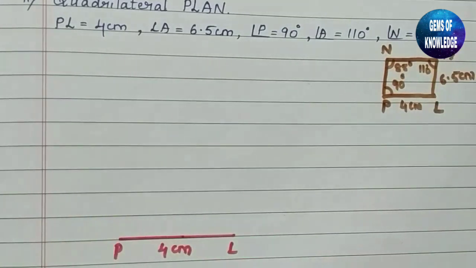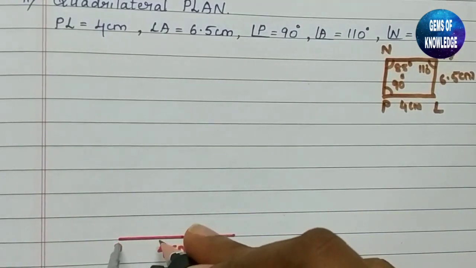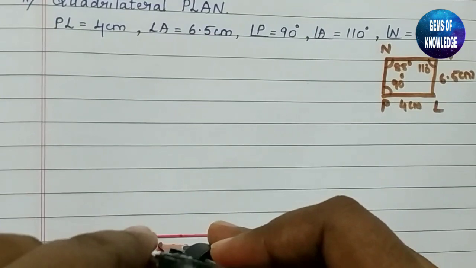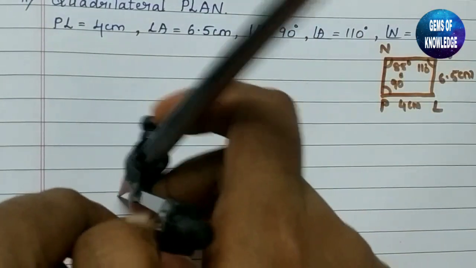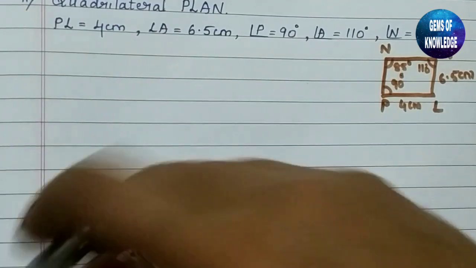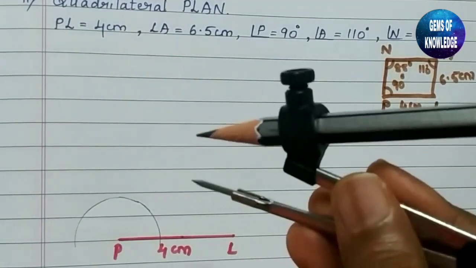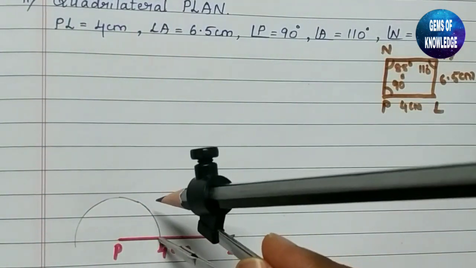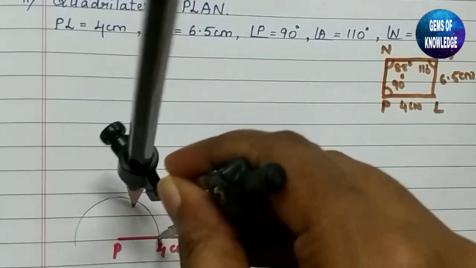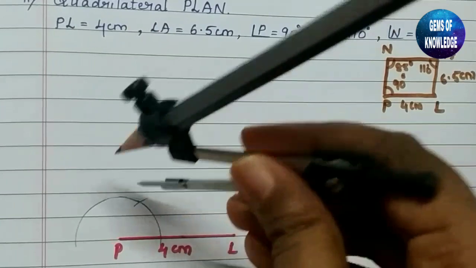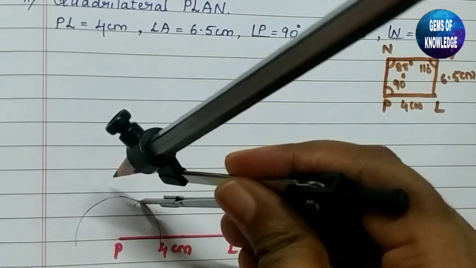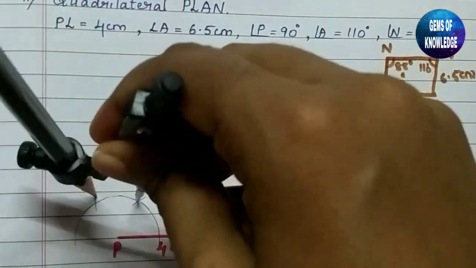With the same steps as we constructed for the first one, here we will take one small arc. Without changing the measurement, with the same measurement we will cut one arc over here. This will be 60 degree angle. Then by keeping on this 60 degree, we will cut one more arc over here.